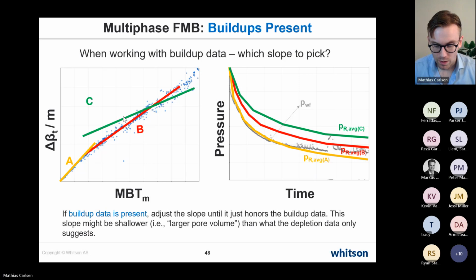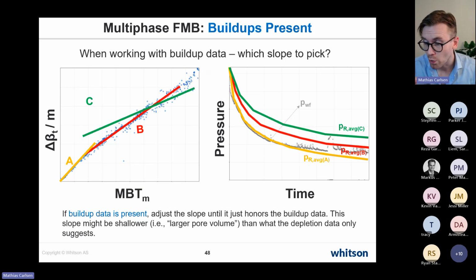Yeah, exactly. That's an excellent question, and it's a question we get a lot. When you have buildup data, it's golden. And as I mentioned, all of the stuff to the left there is only related to drawdown type of data. All the blue points, we don't even see the points when we're doing a buildup.